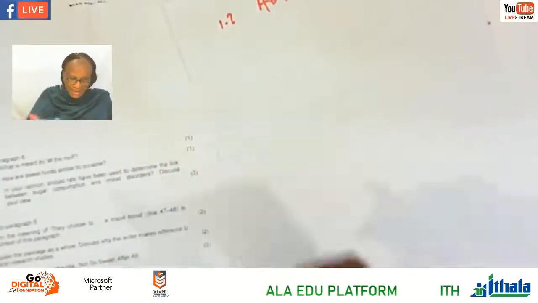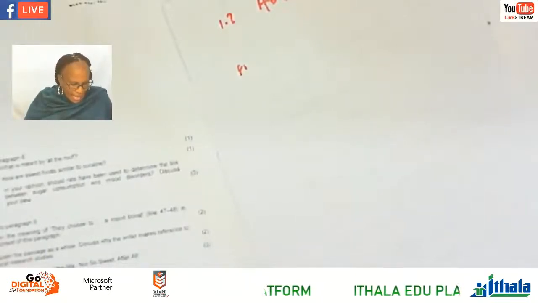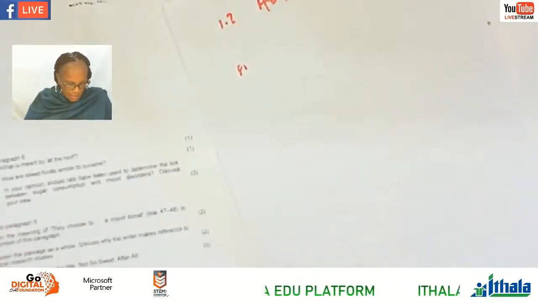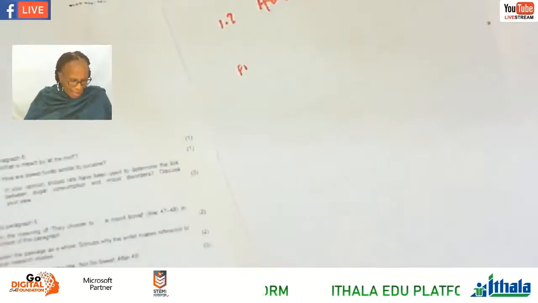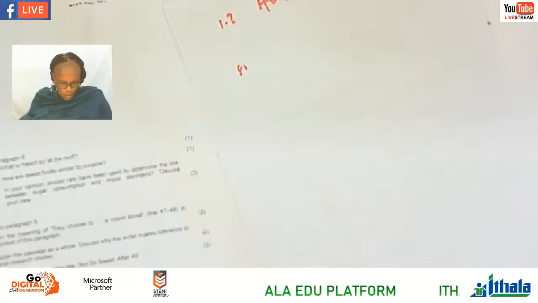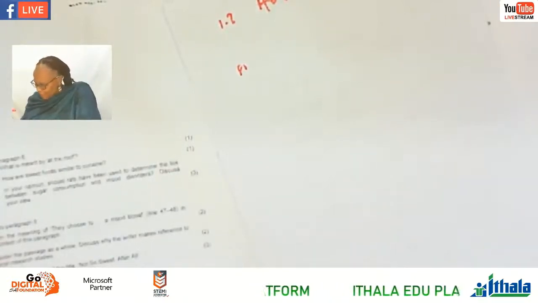And then number 8, the last question, uthi, refer to paragraph 8. Explain the meaning of they chose to a mood boost in the context of this paragraph. What is the meaning of they chose to, line 47 and 48? But explain the meaning.